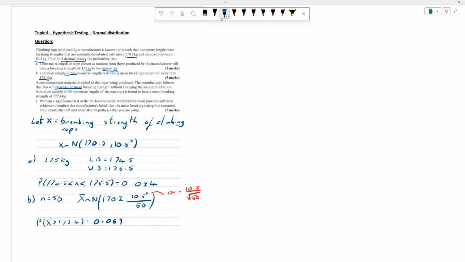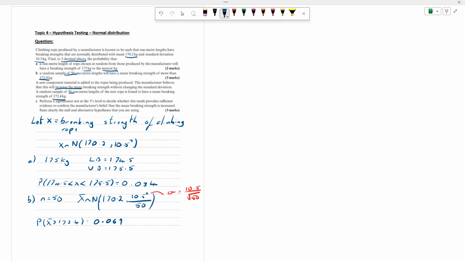A random sample of 50, which is what I used in the question above, and a rope with a breaking strength of 172.4, which again I did in the previous one. So these two amounts are the same from part B, so I don't need to do something extra, because I've already done it in the previous question, which is why this one is only worth 3 marks. Normally these kind of questions would be worth like 5, maybe even more. But because it's only worth 3, there's clearly a little trick.